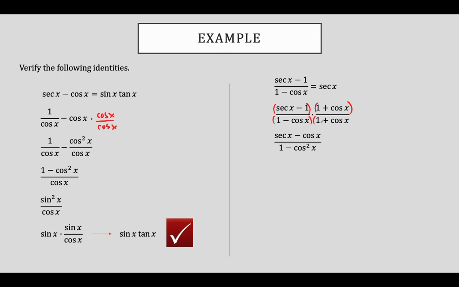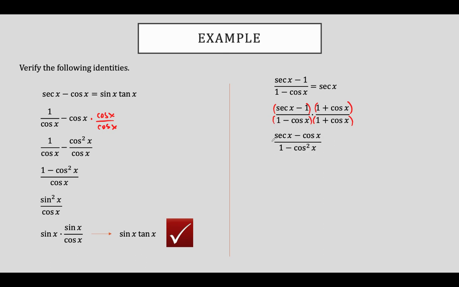And again, if you want, you can put parentheses around each one of those so that you can easily recognize we need to use the distributive property of multiplication. Okay, well, that just gave me a 1 minus cosine squared x in our denominator. And so we can replace that 1 minus cosine squared x using our Pythagorean identity with a sine squared x.